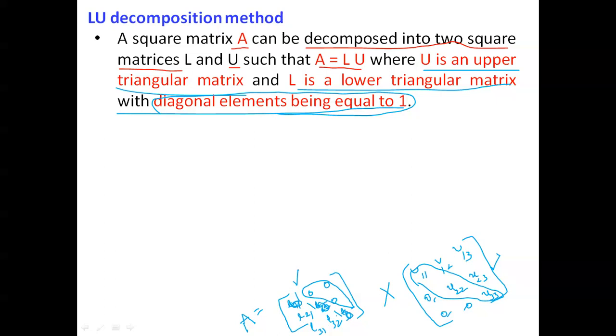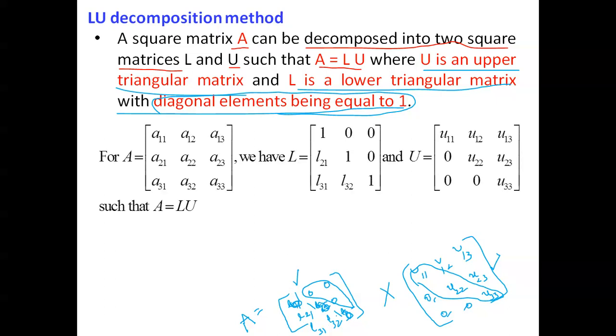Okay, next step. Here I am taking A as a 3 by 3 square matrix. This matrix can be decomposed into a lower triangular matrix with the diagonal elements equal to 1, and an upper triangular matrix. In the upper triangular matrix, the elements below the diagonal are 0.